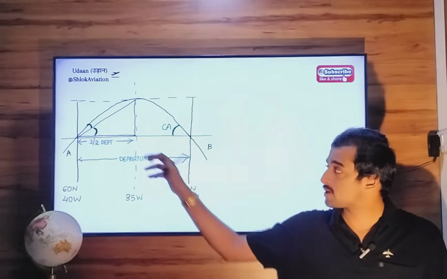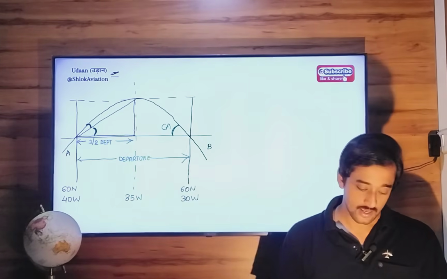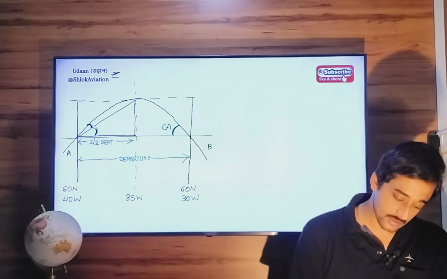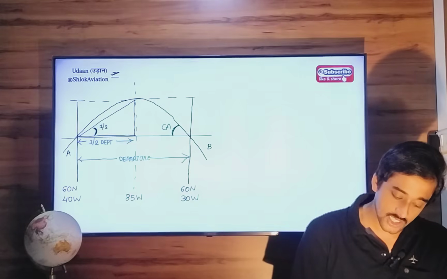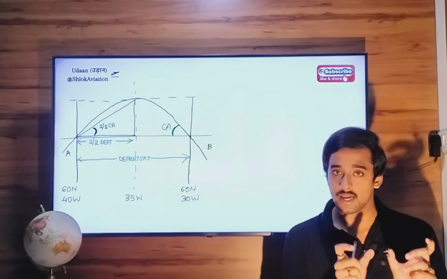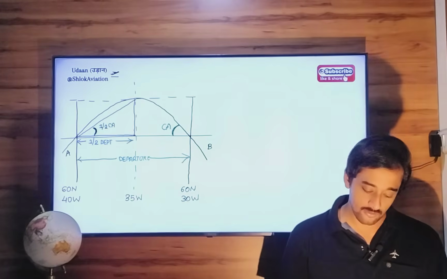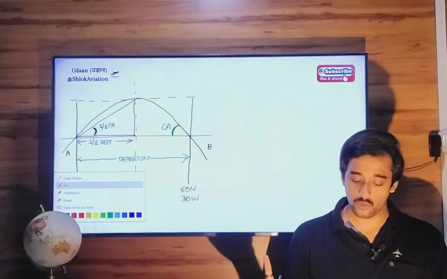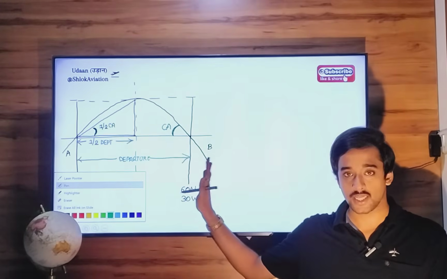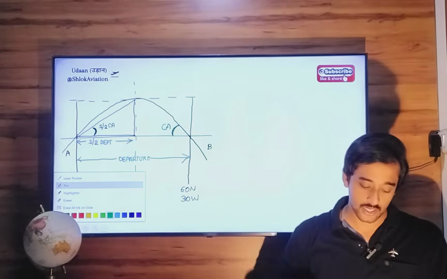We are concerned about the part of the convergency angle which falls in the triangle, so ignore the outside one. This angle will be half of the convergency angle. Whatever convergency angle you find, divide by 2. Now we have a proper triangle. So step 1, draw this diagram and understand this. Step 2, find the departure, then divide that departure by 2.